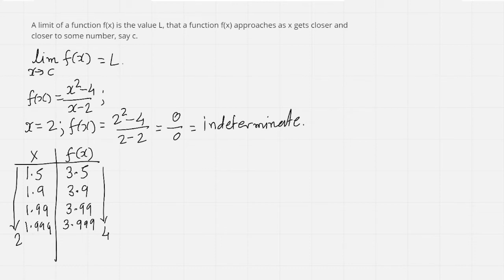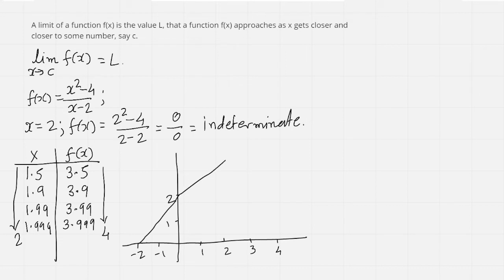Let us see the same thing graphically. So the graph of our function looks something like this. It looks something like this, okay?